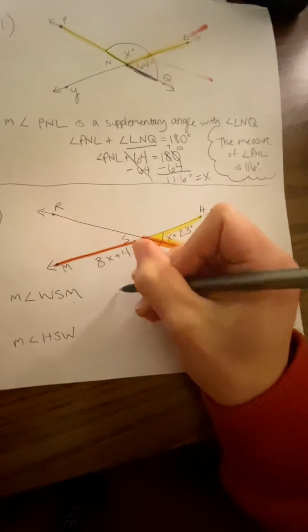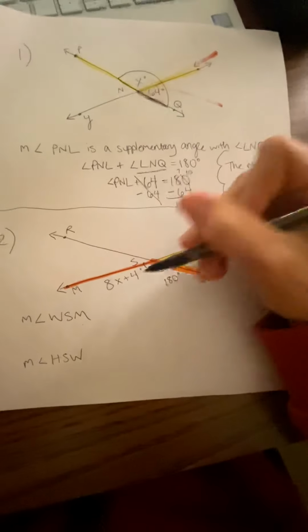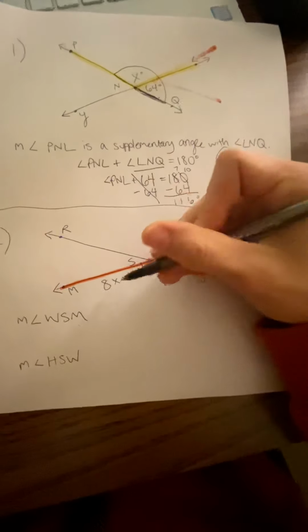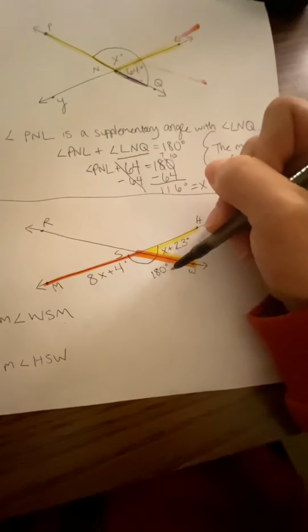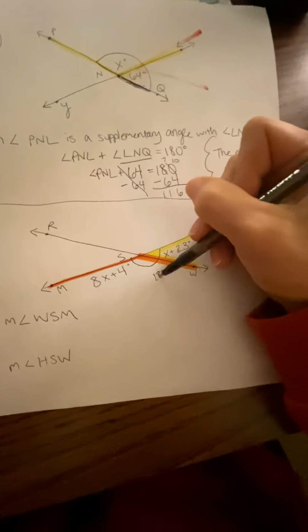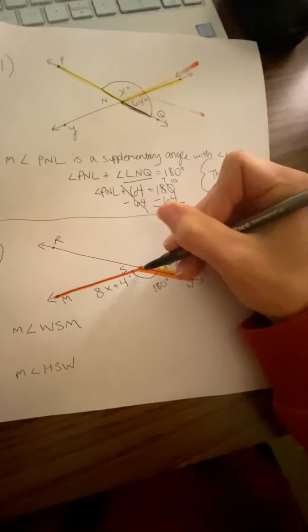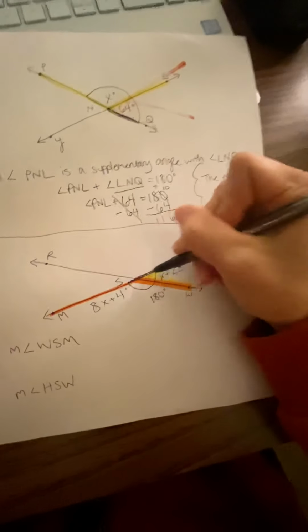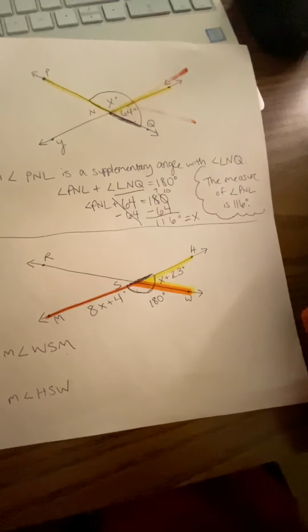To find angle WSM and HSW, I'm going to combine these two expressions here, 8x plus 4 and x plus 23, and set them equal to 180, because these two angles right here make this straight line and cover all of this space of 180 degrees.